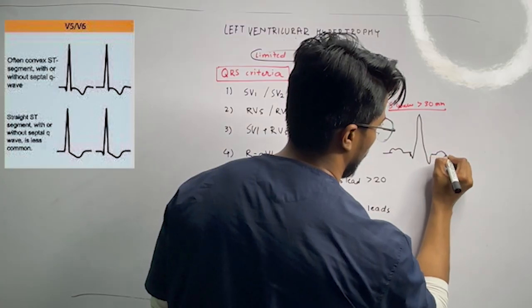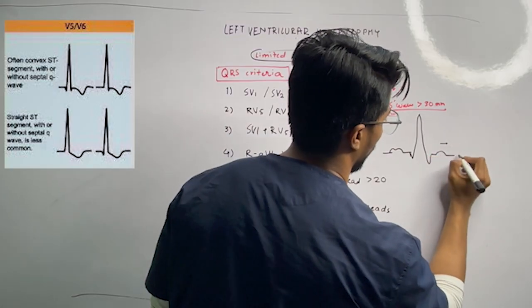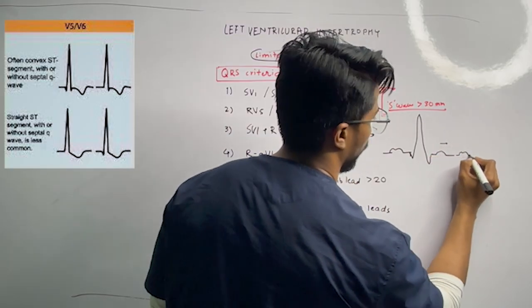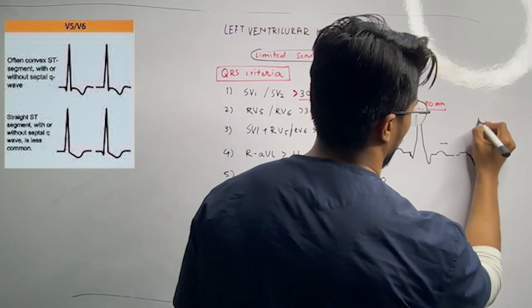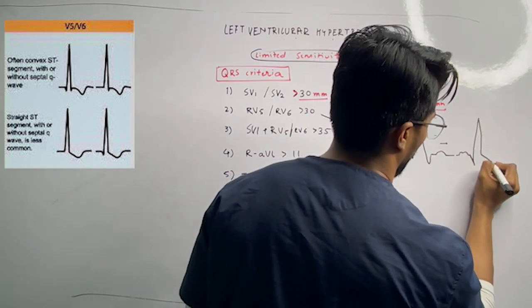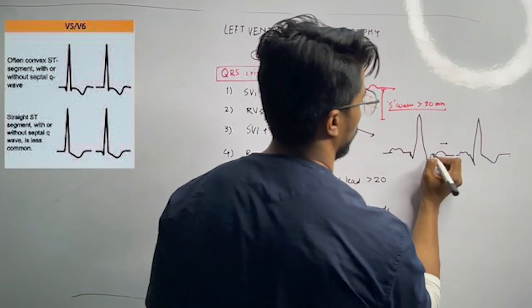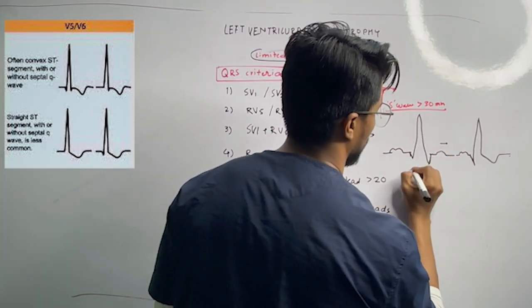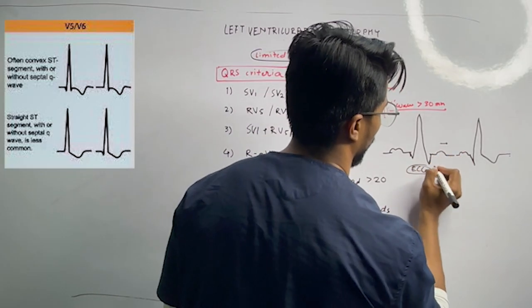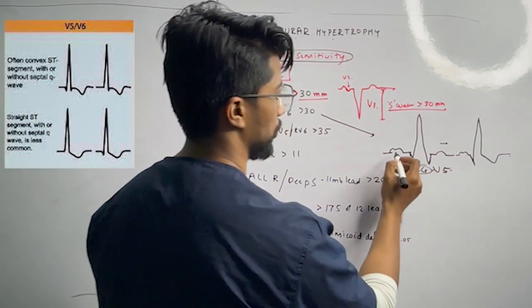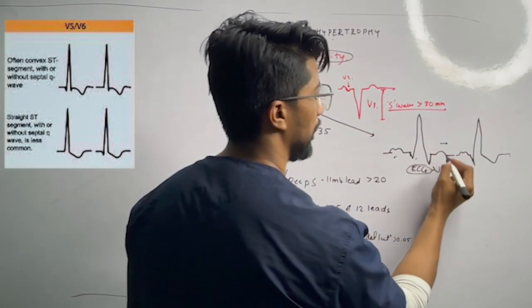Either it's going to be like this, or similarly you're going to have this. So let's assume this is the ECG in lead V5, and this is going to be a P wave, QRS and T wave.